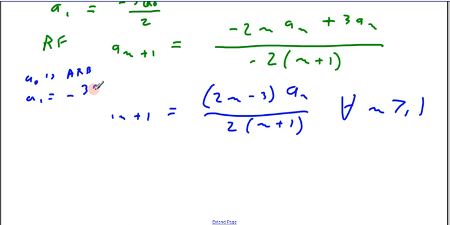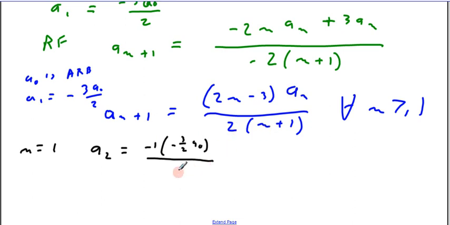Okay, so for n is equal to 1, I'm looking at a2 equal to, that's a minus 1 times minus 3 over 2 a0. This is a 1, 2 and 2 is 4, so I have 3a0 over 8.